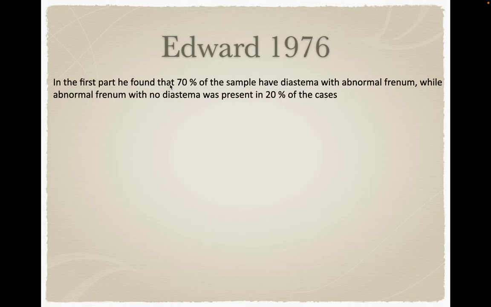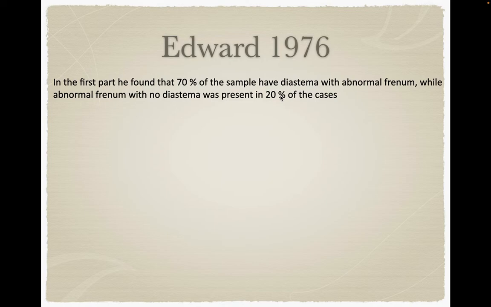In the first part of the study, he found that 70% of the sample who have median diastema had an abnormal frenum. So abnormal frenum was responsible for 70% of the median diastema sample, which is a huge number. However, abnormal frenum with no diastema was seen in 20% of the cases, meaning normal patients who do not have a median diastema, 20% of them have a high frenal attachment.